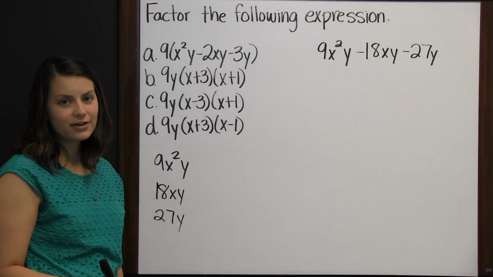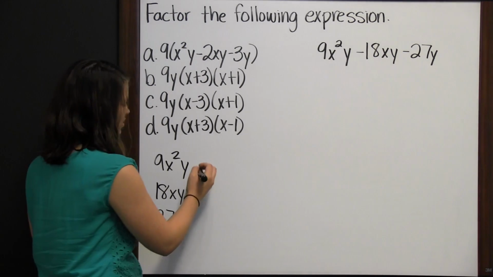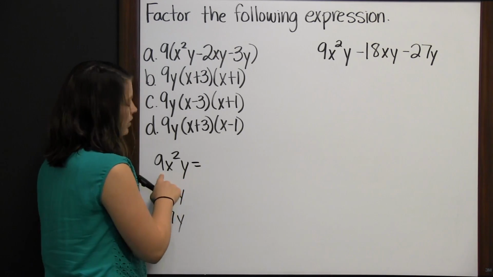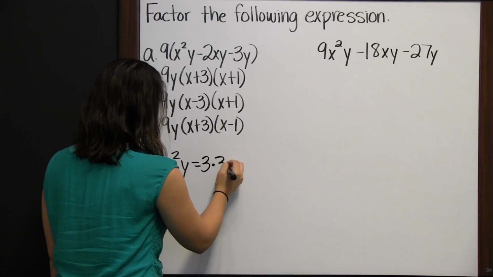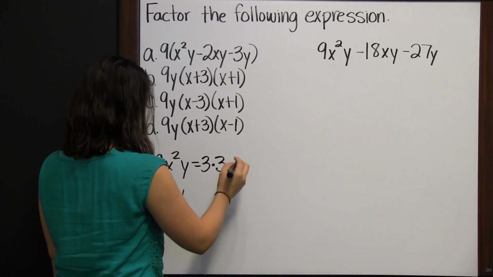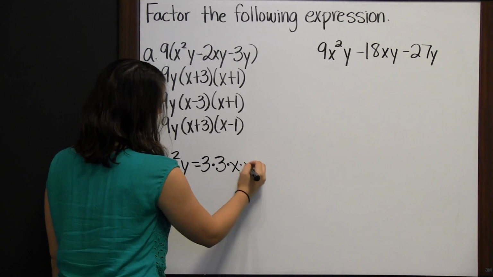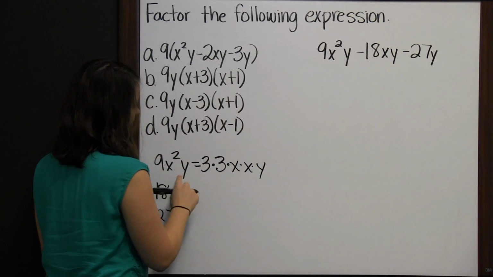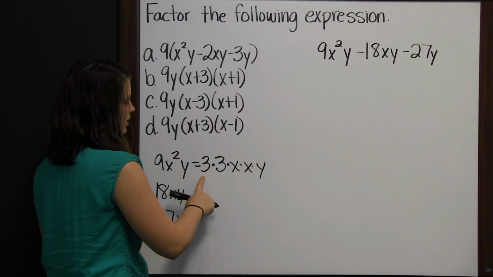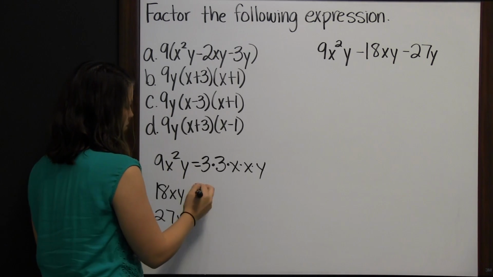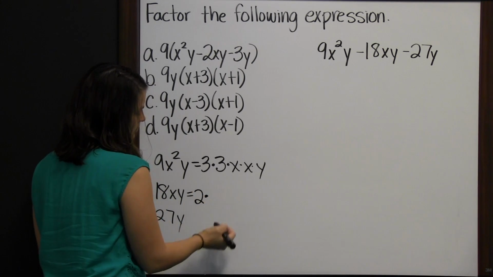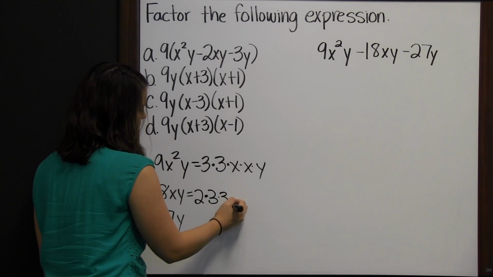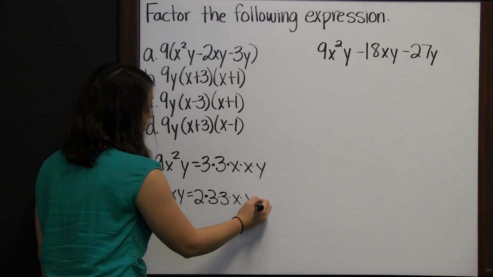And then I'm going to factor them to see if I can find a GCF. The prime factorization of 9 is 3 times 3, and then x squared, so that's times x times x, and then times y. So that is the prime factorization of this term. 18 is 2 times 9, and 9 is 3 times 3, times x times y.